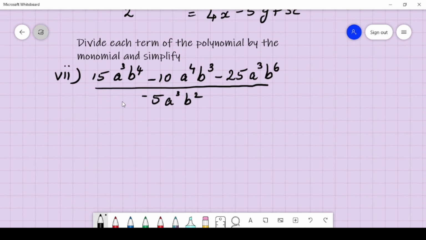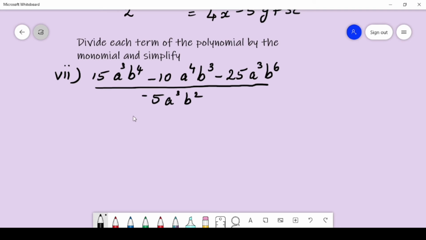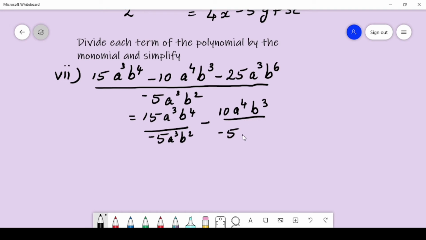So how can we write this one? This will be equal to the first term of the polynomial, 15 a cube b raised to 4 divided by minus 5 a cube b square, minus 10 a raised to 4 b cube divided by minus 5 a cube b square, minus 25 a cube b raised to 6 divided by minus 5 a cube b square.